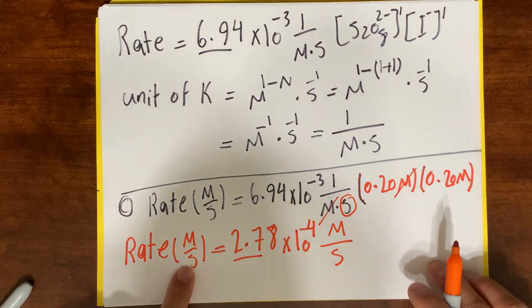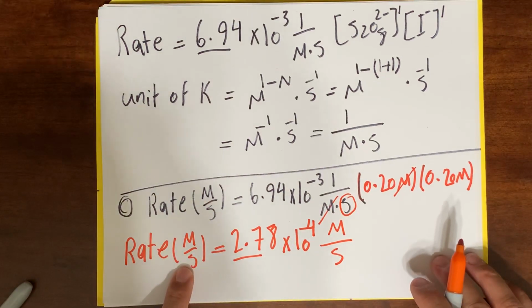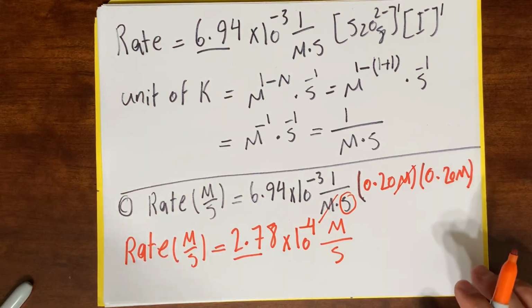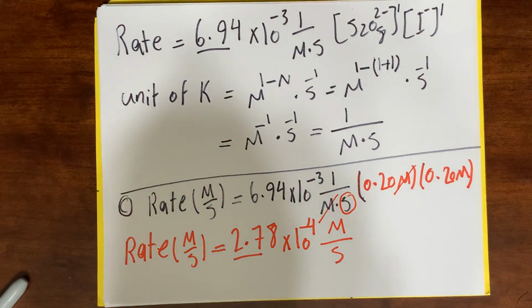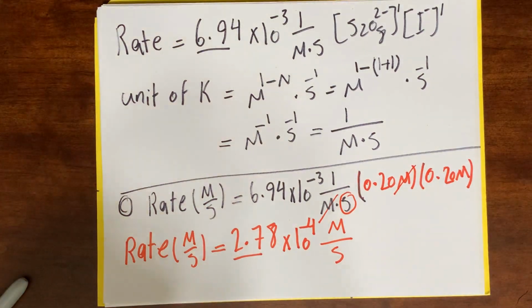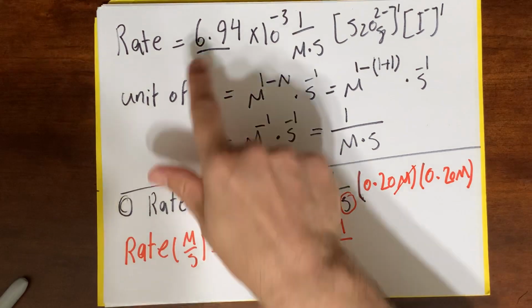Check this one: I got the right unit for the rate of the reaction. Okay, cool. So I showed you how to get the rate of the reaction if you have the rate law for it.